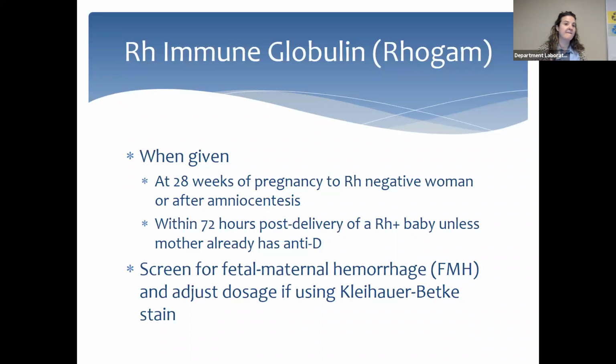And in that instance, would you use Rhogam? So I do not know the statistics of how often they will do that. It can be used, it does not have to be, but there are instances where they could give him Rhogam to try to coat those Rh positive cells, which should still allow him oxygen carrying capabilities. So the benefits of the transfusion should be there without sensitizing his immune system, without him building the anti-D.